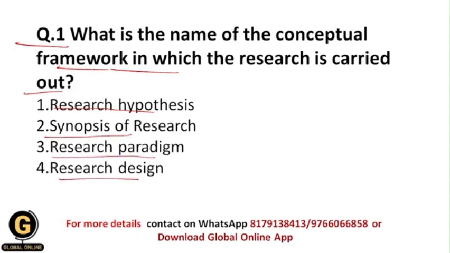Conceptual framework means the whole outline of the whole research process, which is nothing but the research design. And that's why your correct answer should be 4, because research design is the whole outline of your whole research process, in which you basically explain what different research data collection methods and data analysis methods you are going to employ in your whole research process. And that's why your correct answer should be 4.